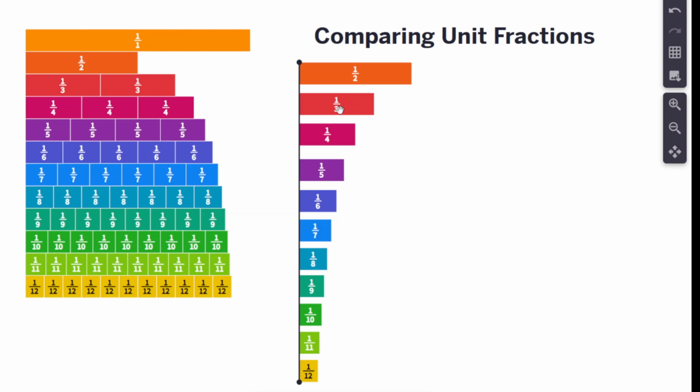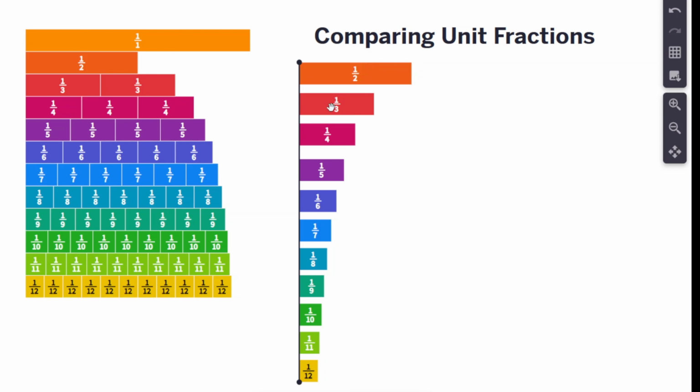The denominator increases by 1 as we go downwards. What else do you notice? You notice that the fraction gets smaller, right? So what relationship can you see between the size as well as a number in each of these fractions?